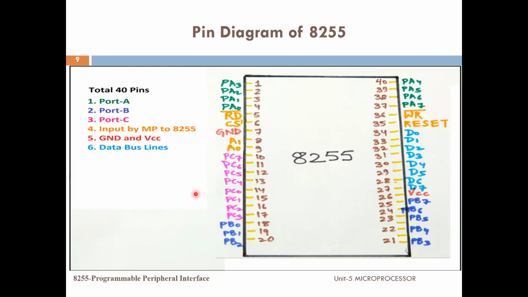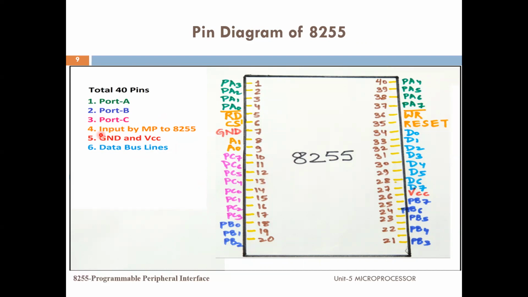For port B, we have 8 lines again. PB0 is connected at pin number 18 up to pin number 25. For port C, the port C lines are connected at pin number 14 to pin number 17 and then 10 to 13.